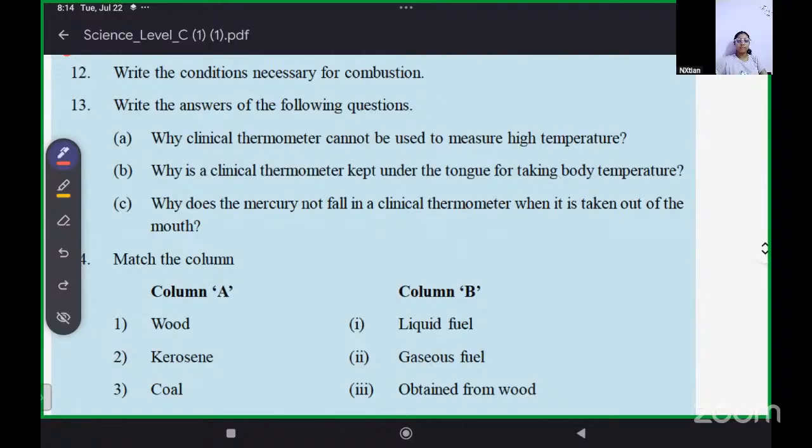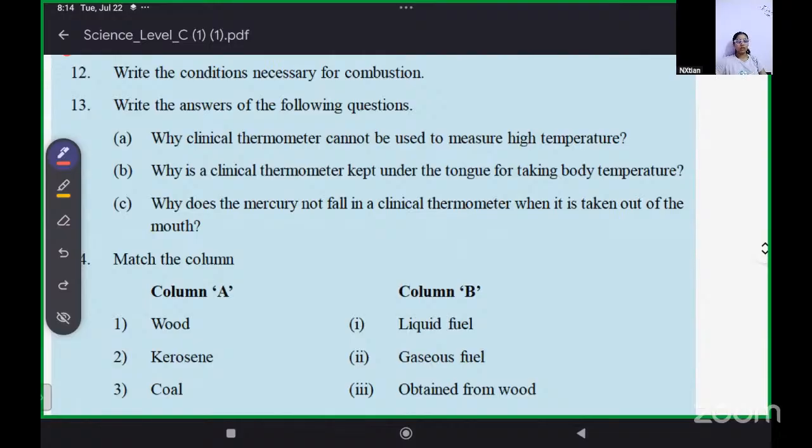Maybe the scale can only go to a certain amount on the thermometer, but on an electric one, it can go to the highest amounts also.